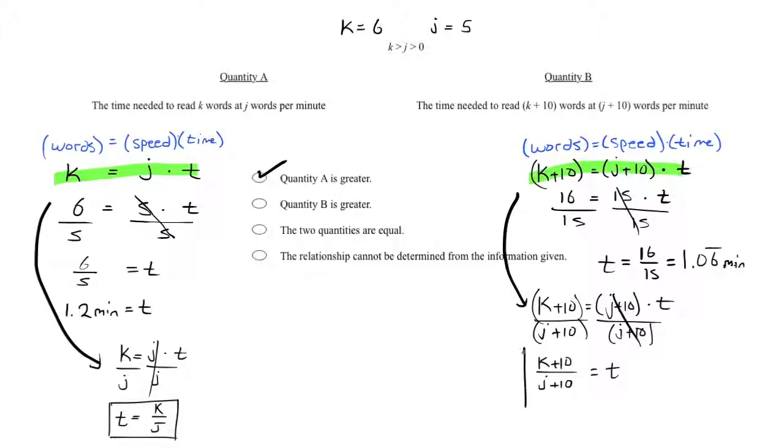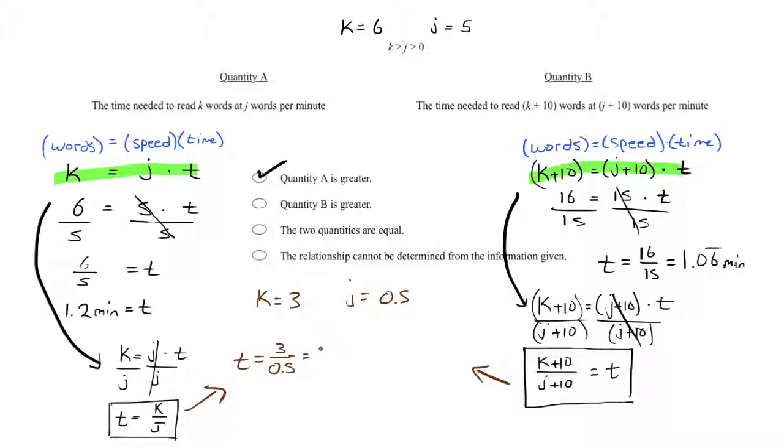So I just want to remind you to try things like this. What is the weirdest possible thing you can think of as far as K being greater than J being greater than 0? How about K equal to 3 and J equal to 0.5? This is the kind of thing that people sometimes forget to try out, and sometimes there are tricks hidden in them. But just to convince myself that I am right on my initial assumption, with K equal to 3 and J equal to 0.5, T is equal to 3 divided by 0.5, which is equal to 6.